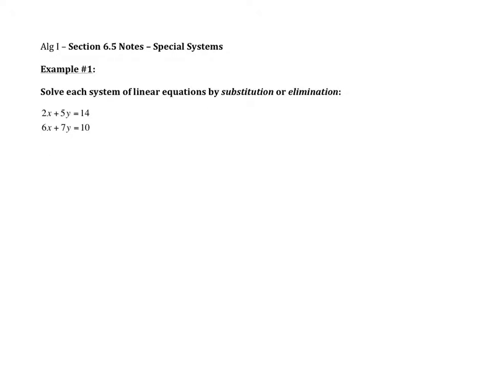So when I look at example number 1, where it says 2x plus 5y equals 14 and 6x plus 7y equals 10, I see that everything is lined up, including the equal sign. And it'd be really easy to make opposites by changing this 2x into a negative 6x by multiplying by negative 3. So when I multiply by negative 3, I'd end up with negative 6x minus 15y equals negative 42.